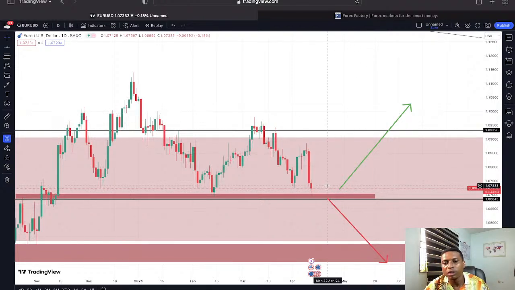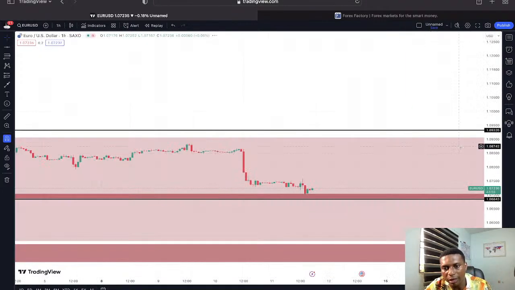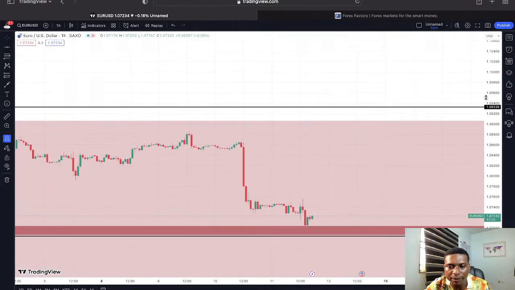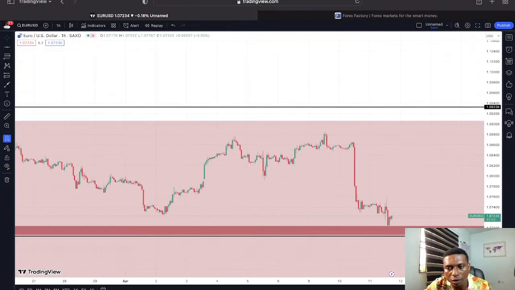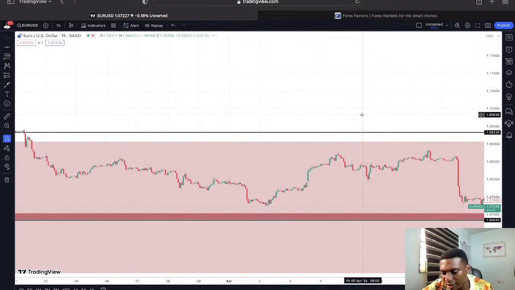So for now, it's a good time to buy, if you want to buy on a short term basis. So that will be all on Euro USD.